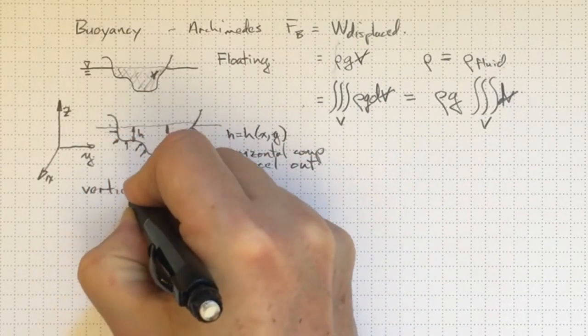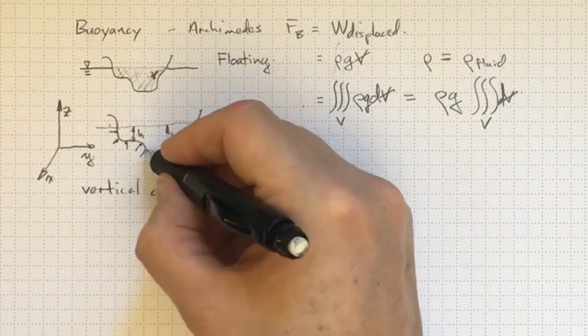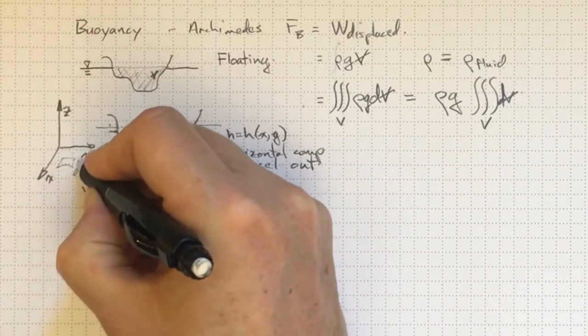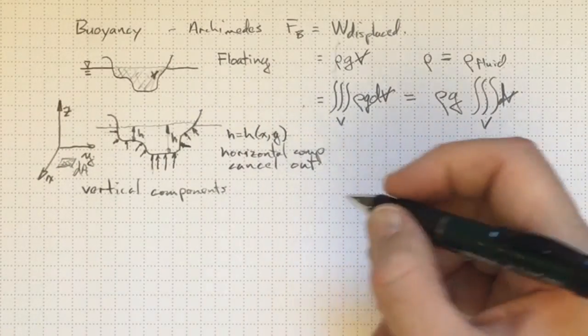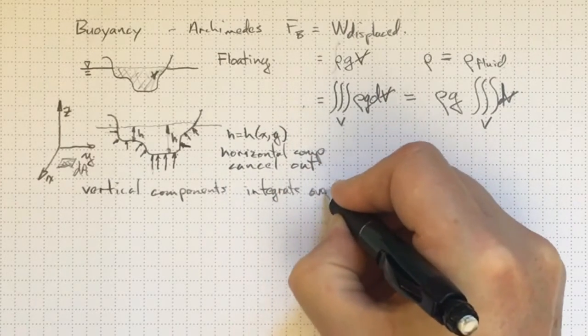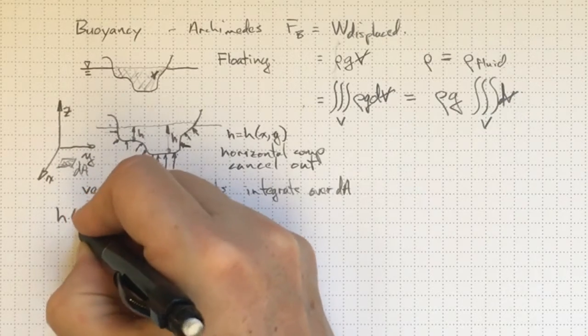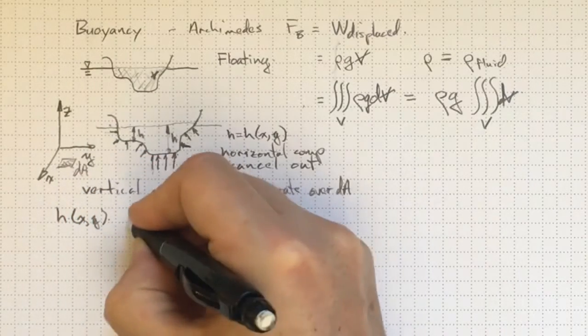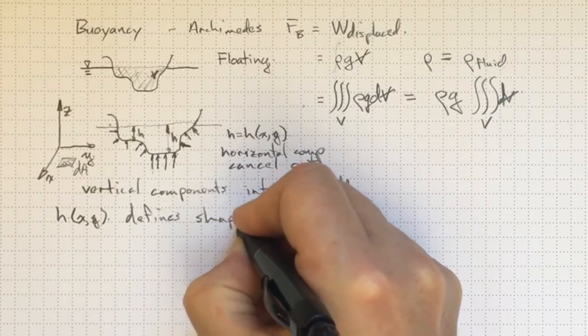Vertical components, we will have to integrate over the projected area in the horizontal plane. So each little elemental area dA in the horizontal planform plane. And our h is a function of x and y, and it's what defines the shape of this floating body.